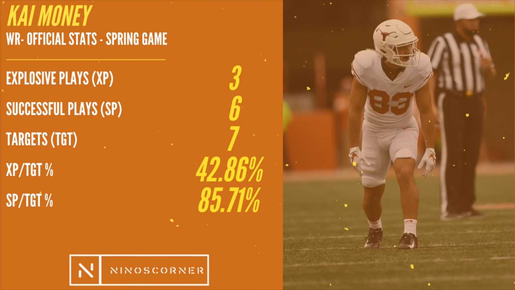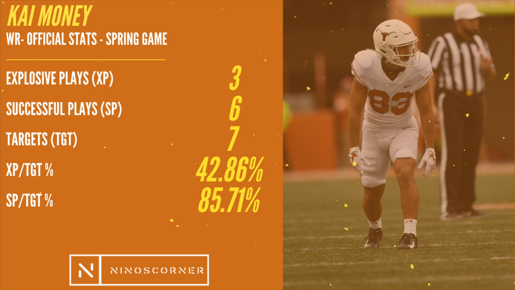All right, guys, let's go ahead and dig into these explosive plays and these successful plays per target. All right, guys, explosive plays per target. Who led Texas with explosive plays per target? It was Kai Money at the wide receiver position. 3 explosive plays on, I guess, 7 targets for 42.86%. The next person in line was at 33.3%.